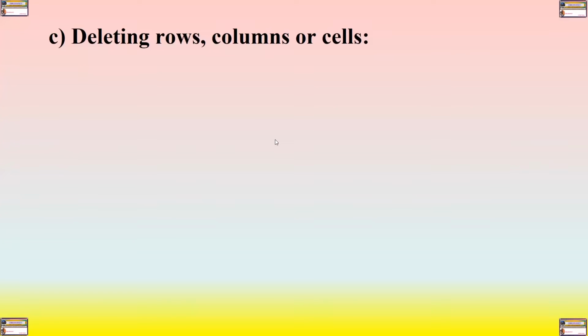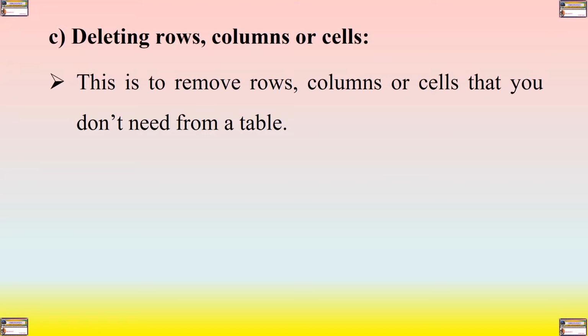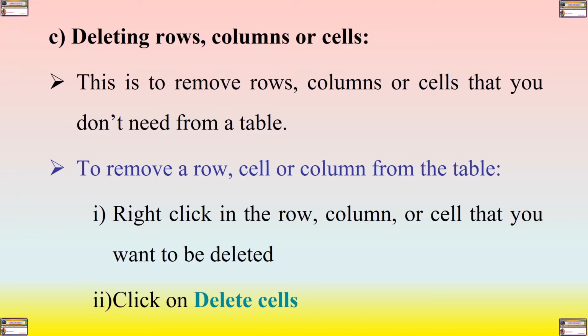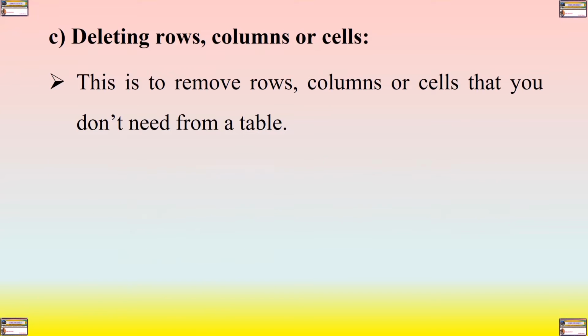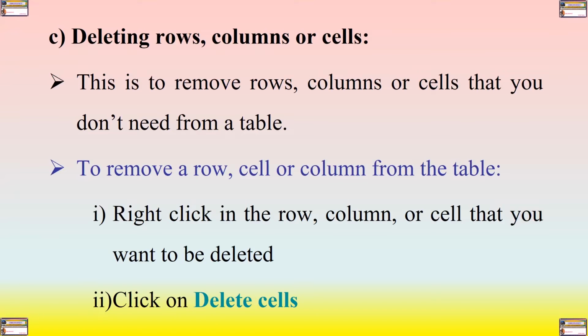Another activity you can perform in your table is to delete rows, columns, or cells. Deleting is to remove rows, columns, or cells that you don't need from the table. To remove a row, cell, or a column from the table, right-click in the row, column, or a cell that you want to be deleted.